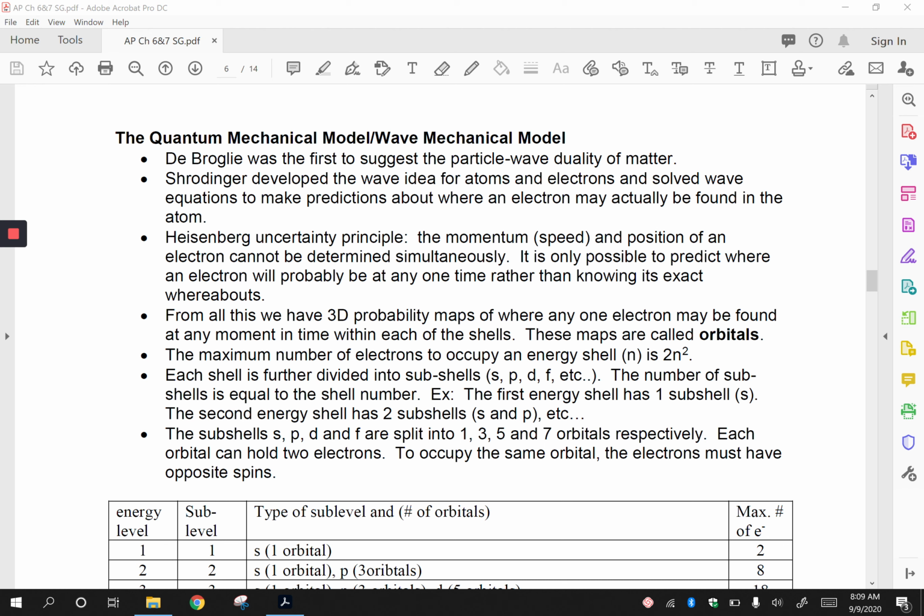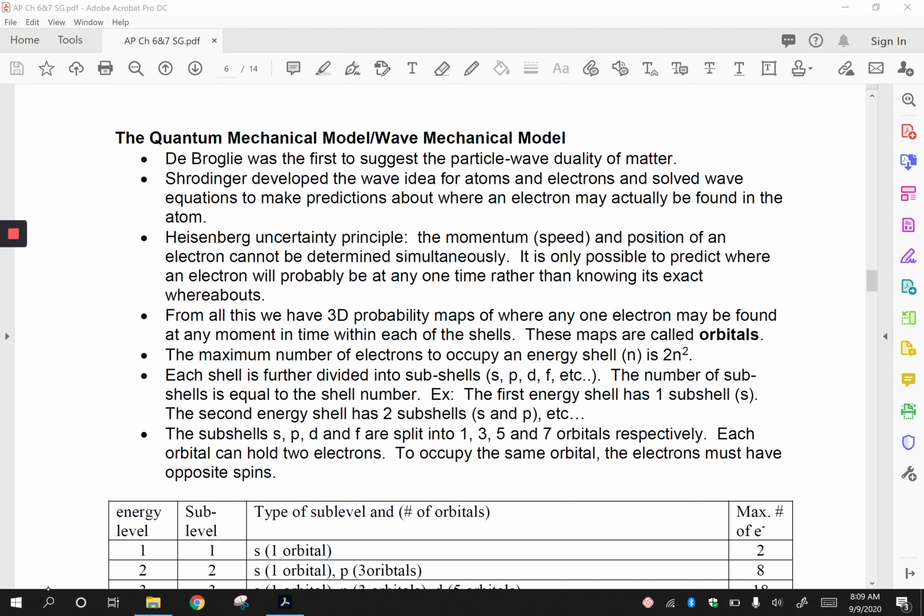So from all of this, we are able to draw these 3D probability maps, which are just functions that are graphed as 3D graphs. We put them all on top of each other, and we get these maps where there's shading, and the darker the shading, the higher the probability of finding the electrons somewhere in a given shell.